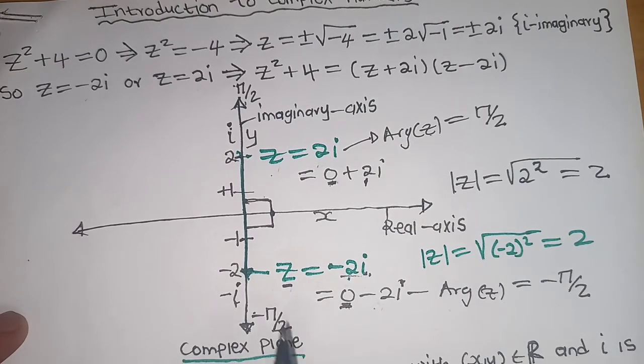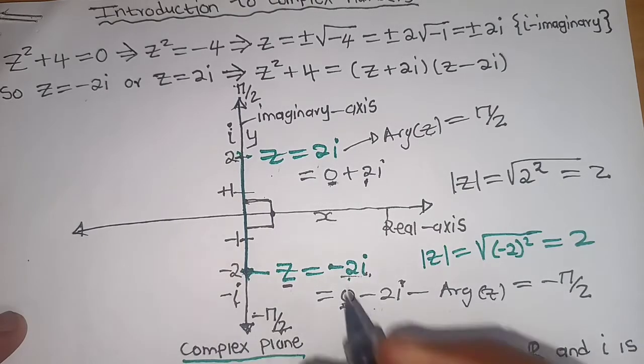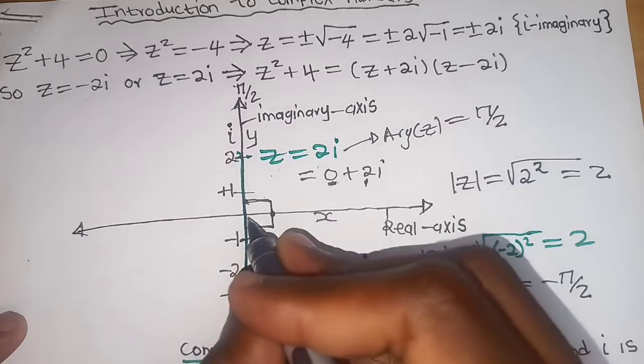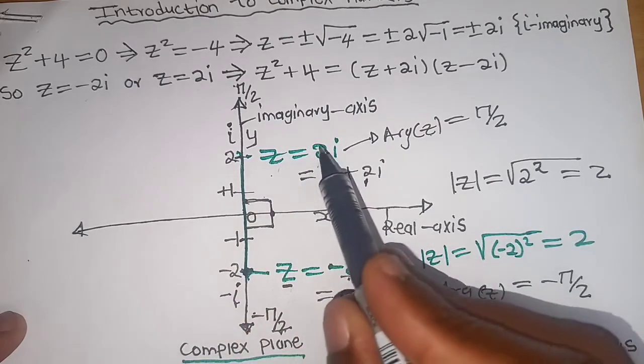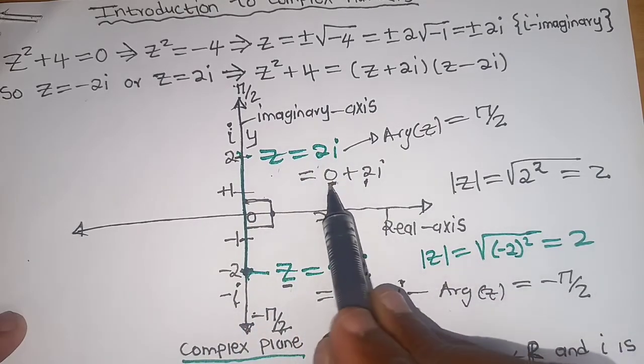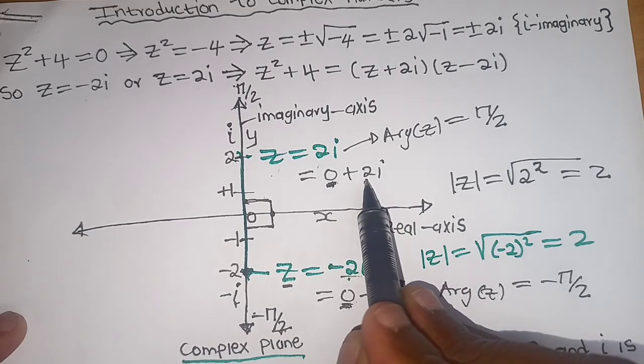So looking at complex number z equals negative 2i, our x here is 0 because it's here. You can see x is 0, this part. So we can write it as 0 minus 2i, and our y is negative 2. And for z equals 2i, our x is still 0, but our y now is 2.